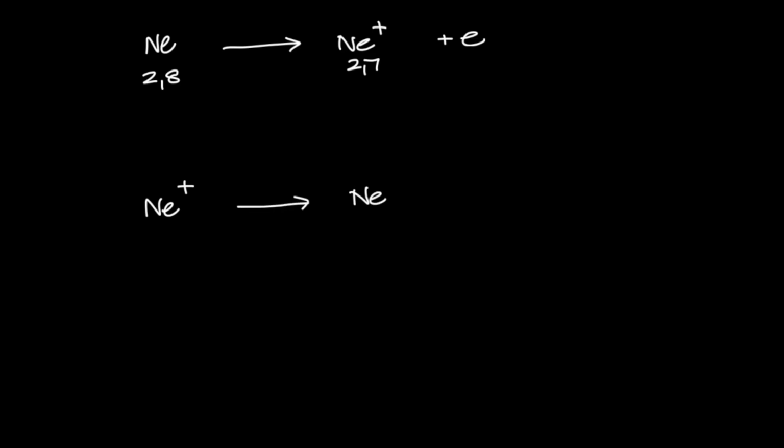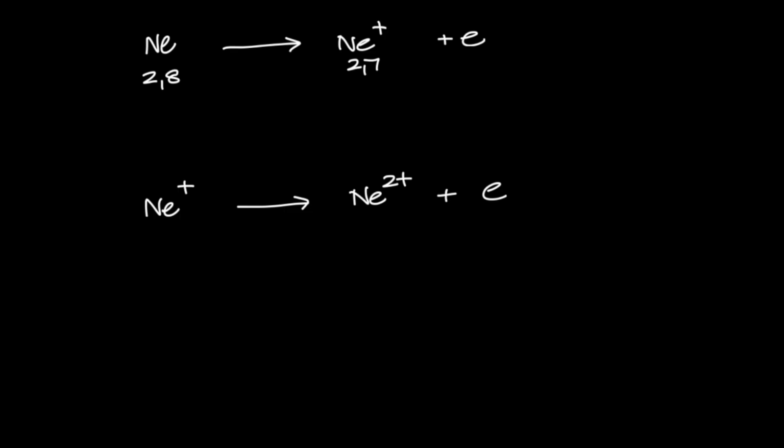So when a neon atom, which is 2,8, becomes an ion, it becomes neon plus. That's called the first ionization energy of neon. And then when a neon ion becomes neon 2 plus, that would be called the second ionization energy of neon.